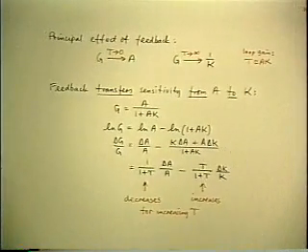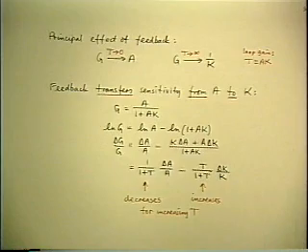Here's another basic property of feedback. It's commonly said that feedback reduces the sensitivity of the closed-loop gain to variations in the internal parameters. That is, if you have a certain tolerance on a component, say 10%, you put a feedback loop around it, you will get less than the 10% variation in the resulting gain.